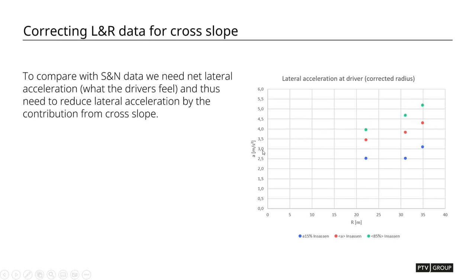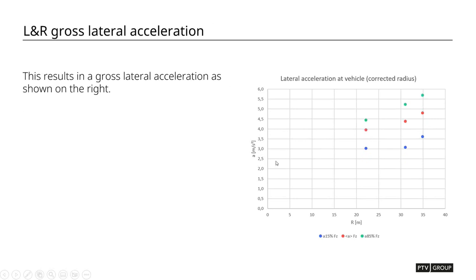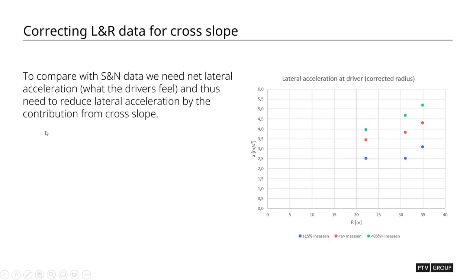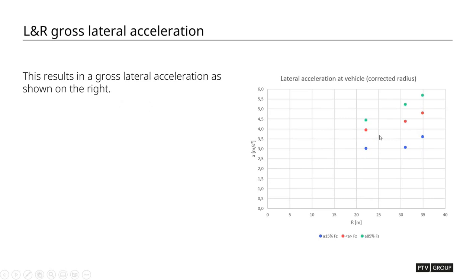And then we need that lateral acceleration versus radius picture because we need to compute the acceleration which the driver felt. To compare it with Schimmelpfennig, we need to compute the acceleration which the driver felt, because this acceleration is computed from speed squared divided by radius.